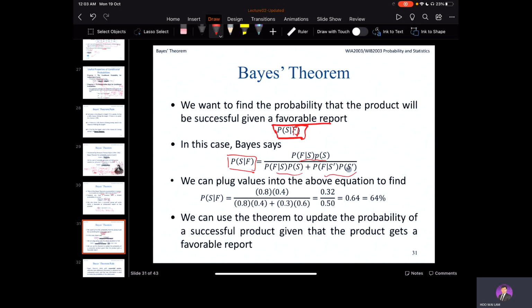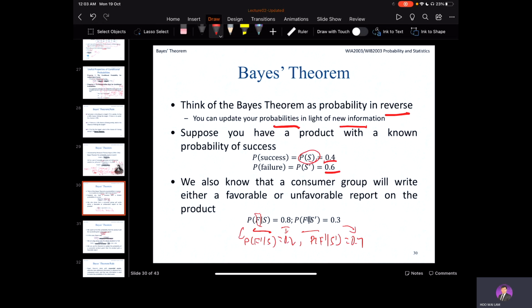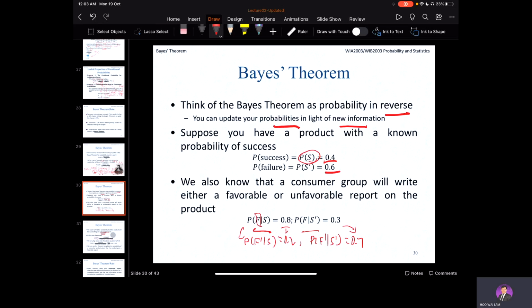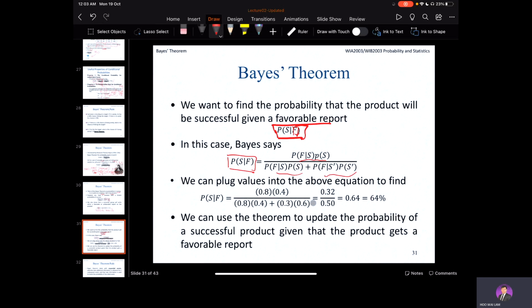How about the complement of S? The probability of F given S complement is 0.3. The probability of S complement is 0.6. So 0.3, 0.6, and when you sum it up and calculate, you get 64%.